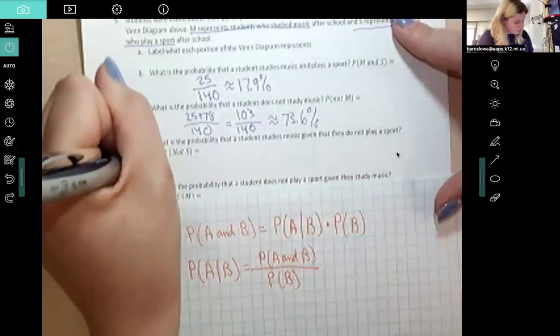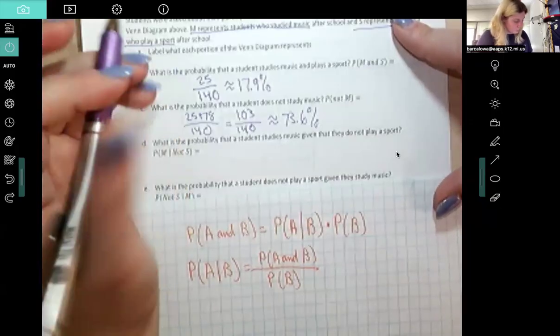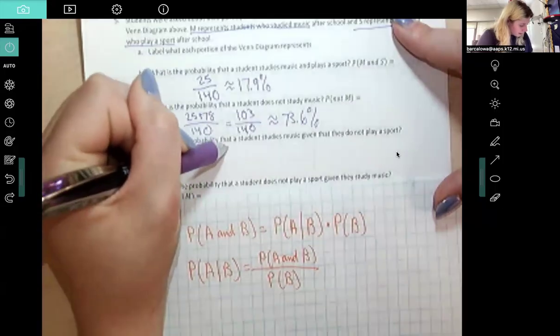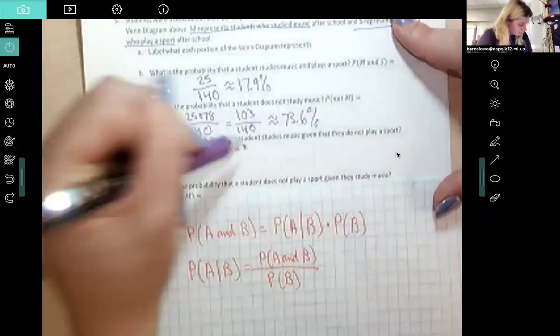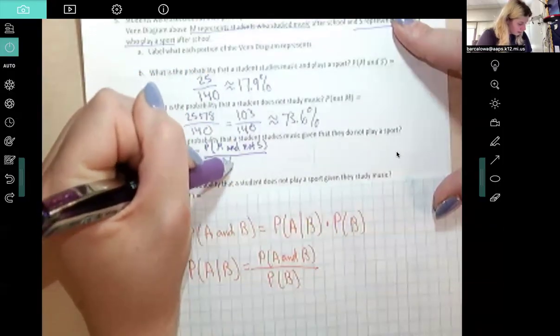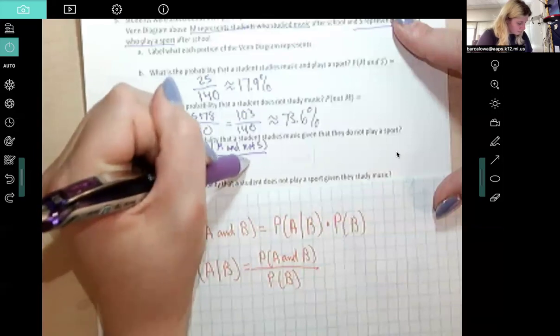Okay, so probability of music given not a sport is equal to the probability of music and not a sport over the probability of not a sport.